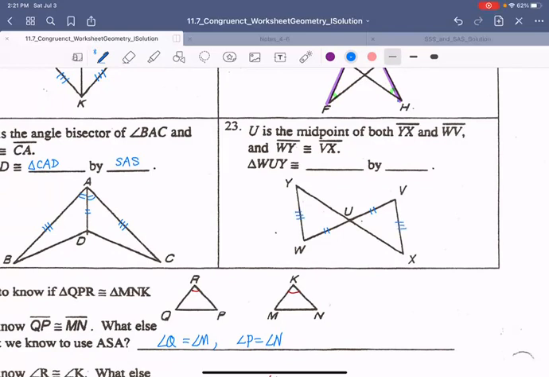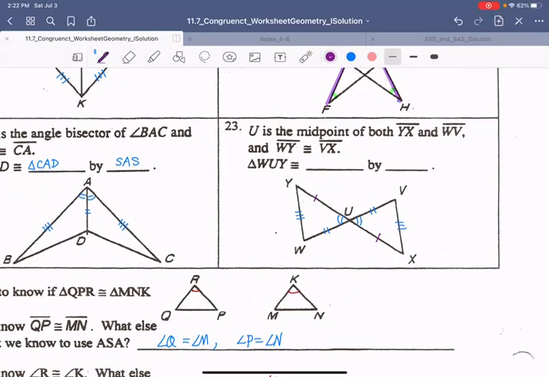And then angle YUW is congruent to angle VUX. Look, we also have this: line YU is congruent to line UX.